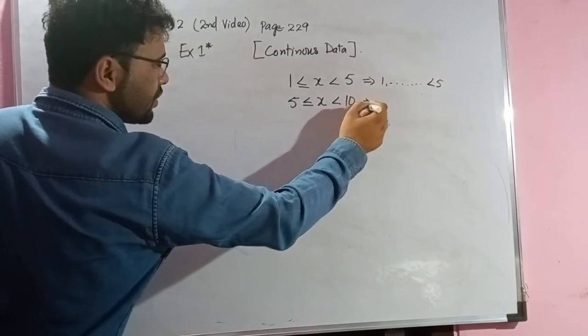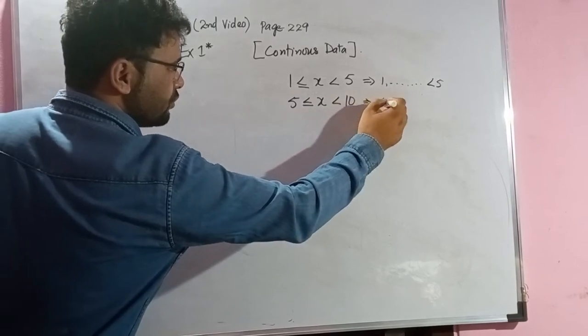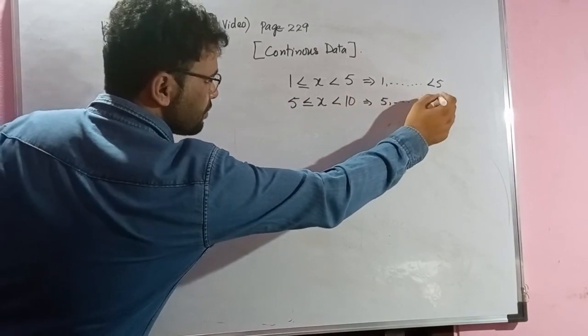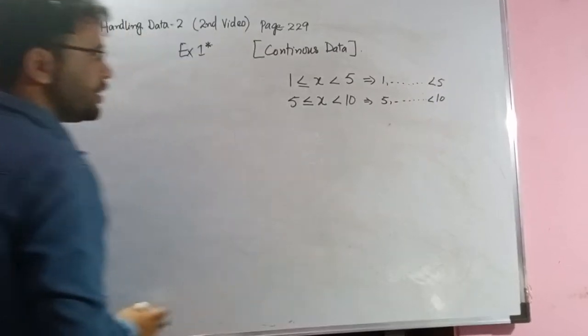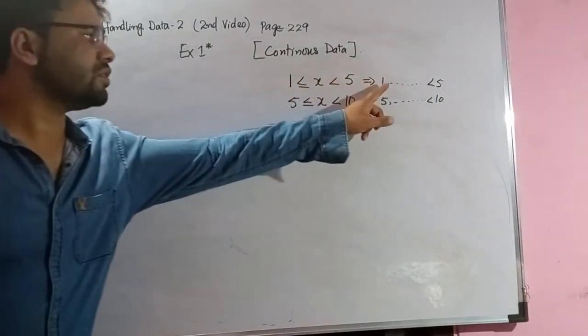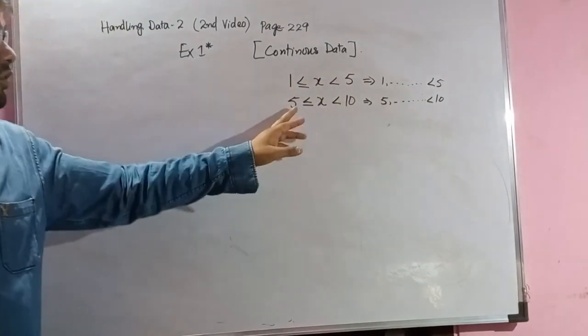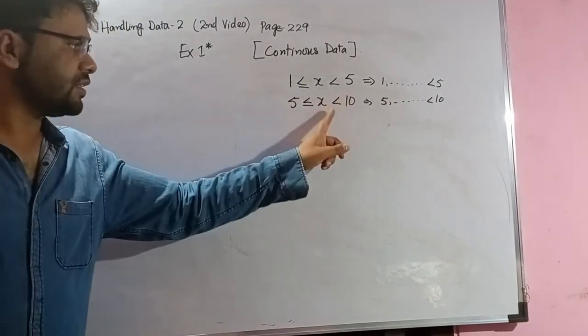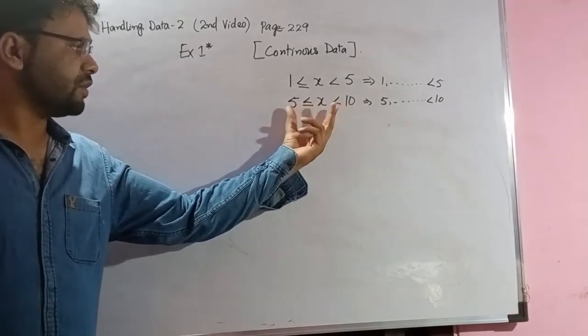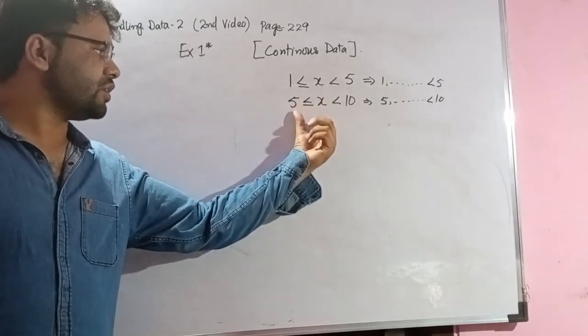And here, x can have value 5, greater than 5, but less than 10. So all values in this range follow in this class, and all values which come between 5 and 10, including 5, follow in the next class.